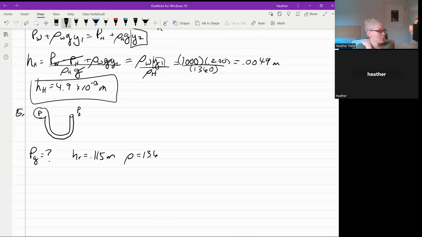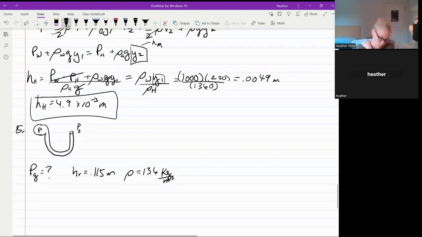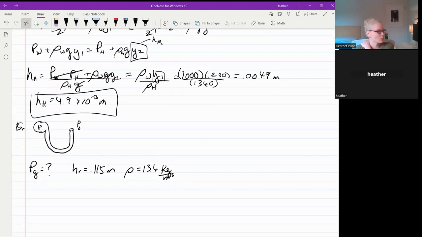Just looking at the last problem, the density equals 13.6 kilograms per meter cubed, times 10 to the 3.